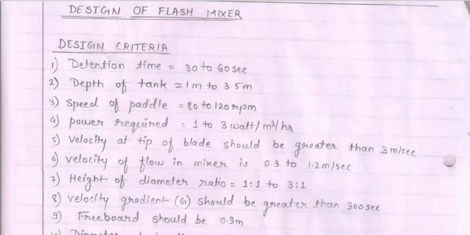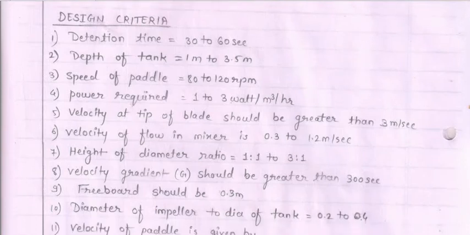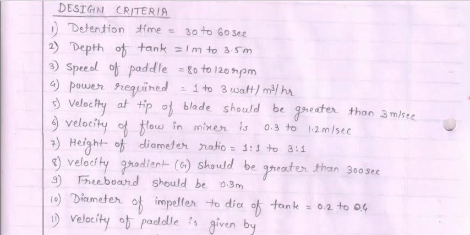So here are some design criteria for designing the flash mixer. First, the detention period should be 30 to 60 seconds only. The depth of the tank will be 1 to 3.5 meter. The speed of the paddles provided in the flash mixer will be around 80 to 120 rpm.